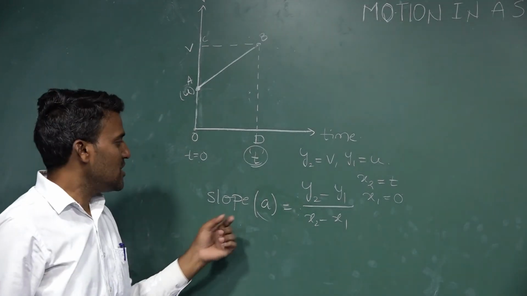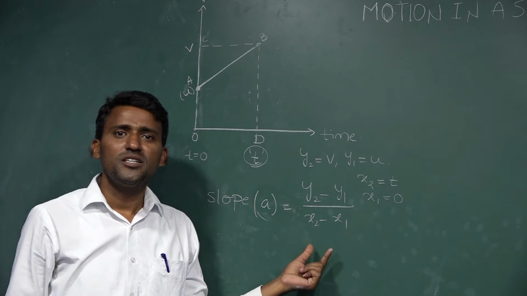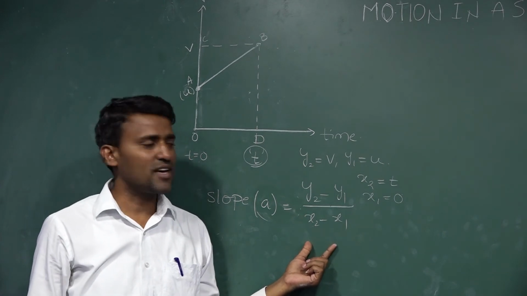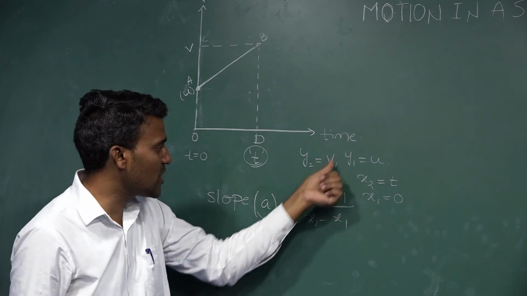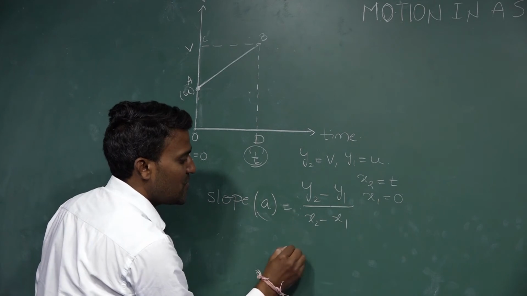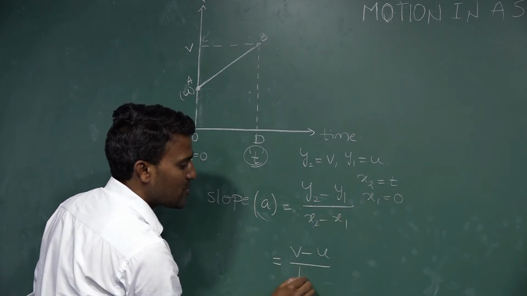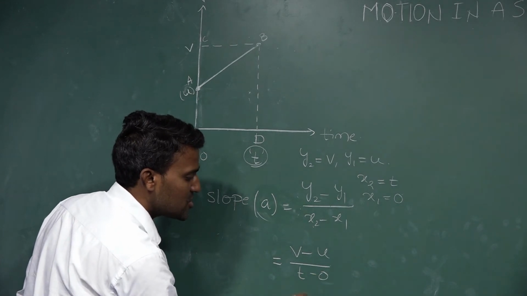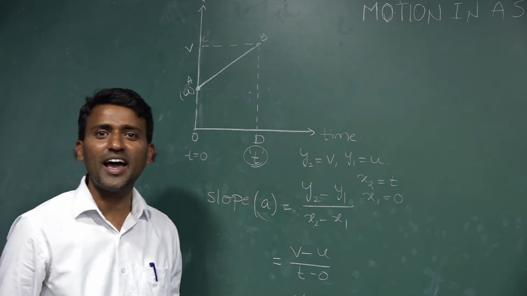Slope is the difference between the 2 points on the y-axis divided by the difference between the 2 points on the x-axis. Substituting those values, we get v minus u divided by t minus 0, that is v minus u by t, which is called acceleration.